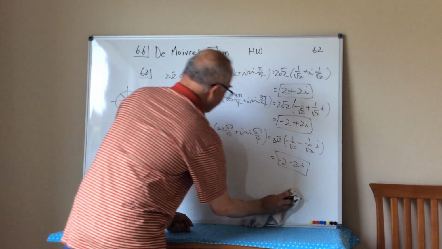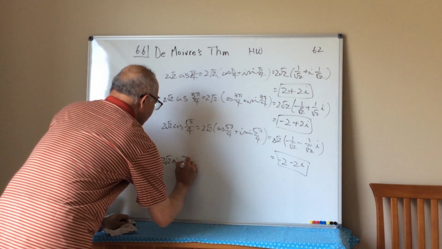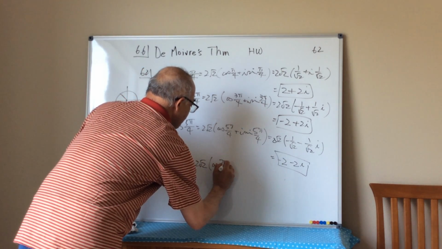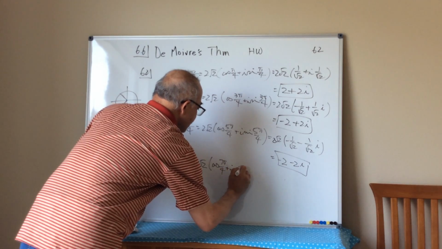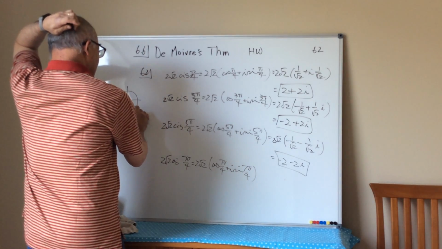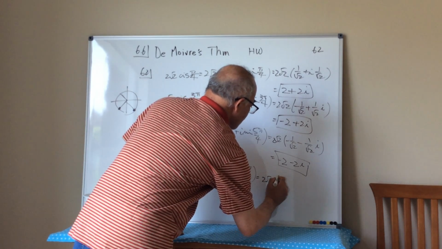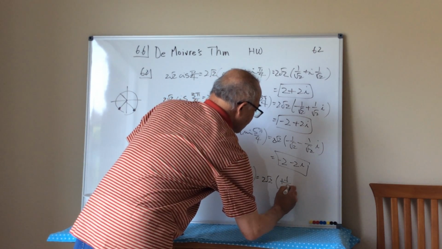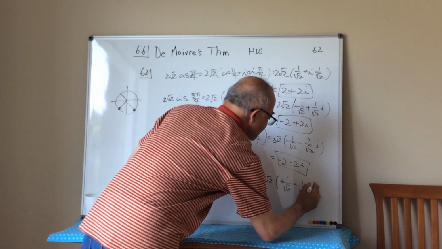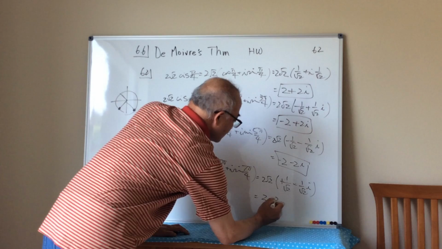The last one is 7 pi over 4. So I get 2 root 2 cosine 7 pi over 4 plus i sine 7 pi over 4. So that's down over here now. So what do I get? I'm going to get 2 root 2 cosine is this, negative 1 over root 2, because sine 7 pi over 4 is negative. So if I do this, I get 2 minus 2i.